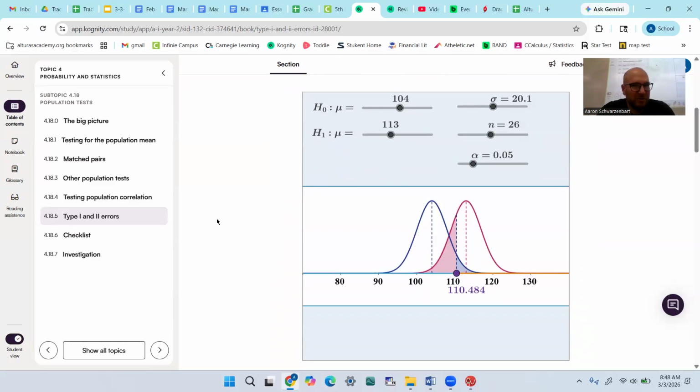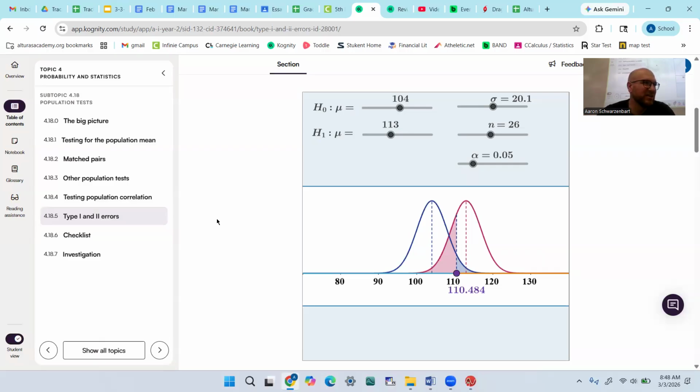So type 2 error would then, no, you're still writing. Type 2 error as we conclude HA or H naught.